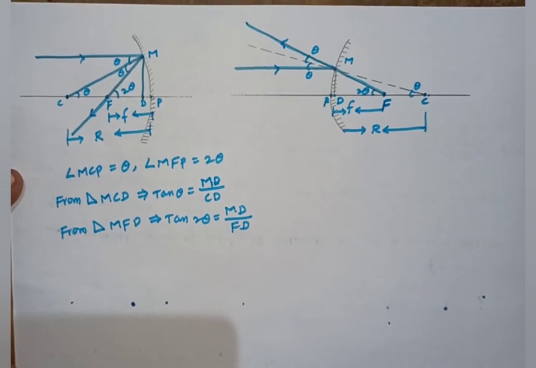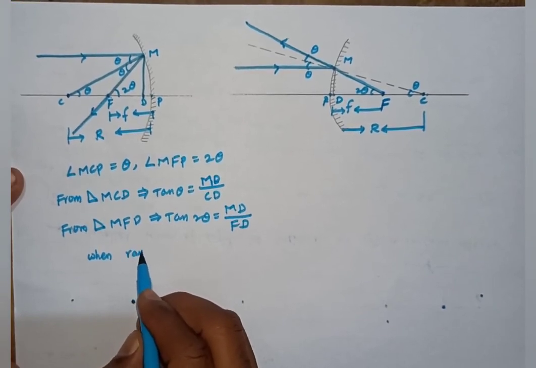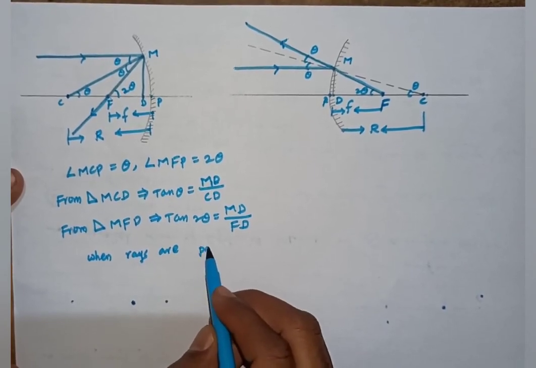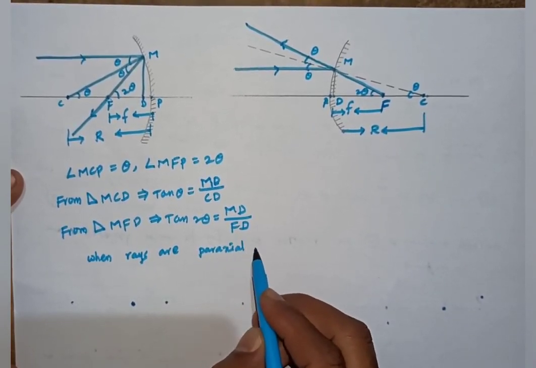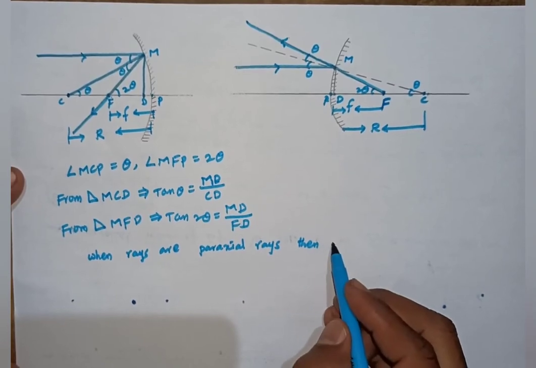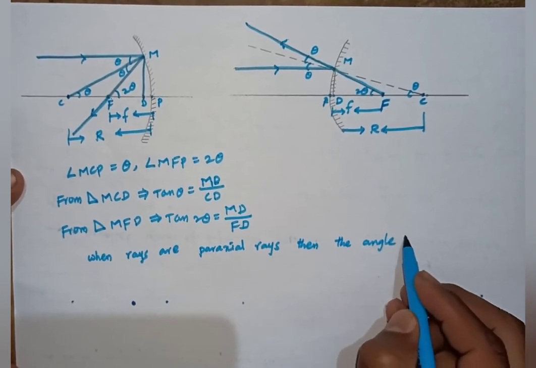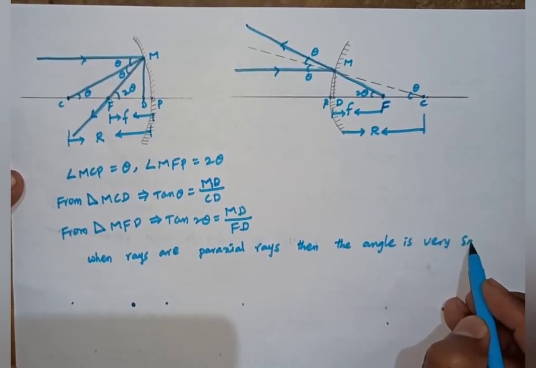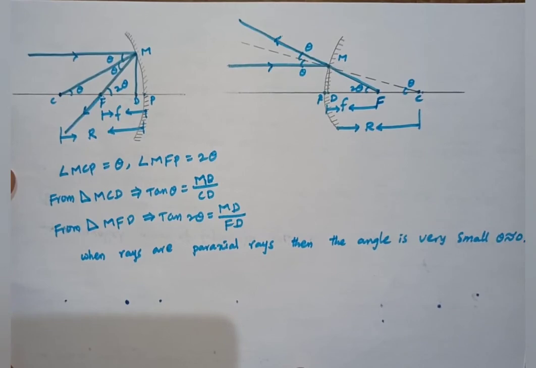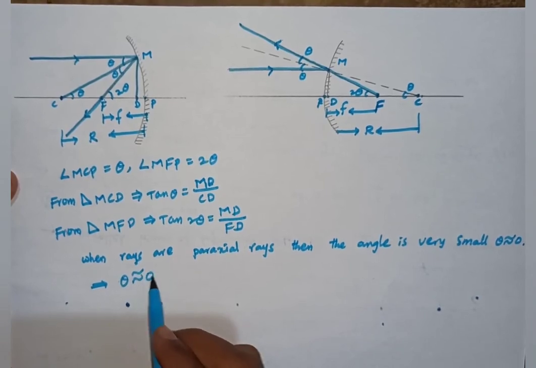When the incident rays are paraxial rays, the angle is very small, so theta is approximately equal to 0.